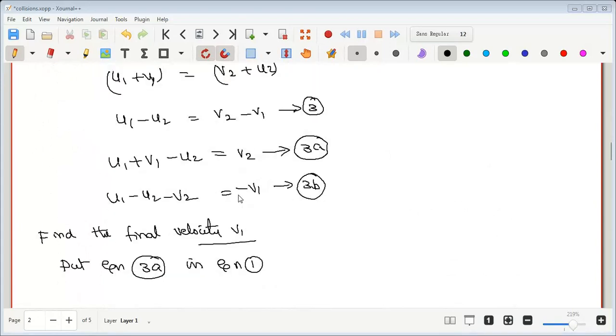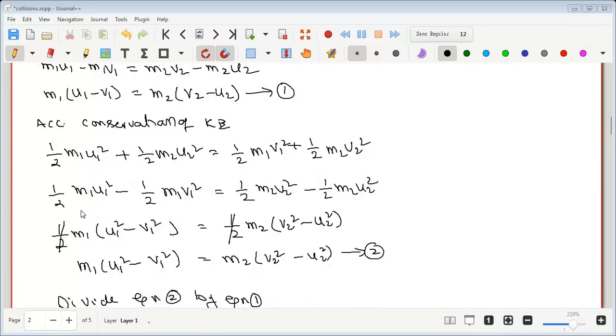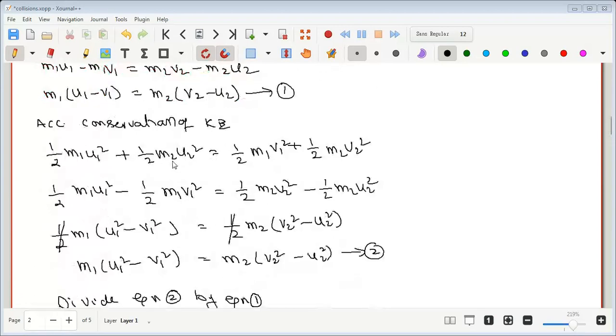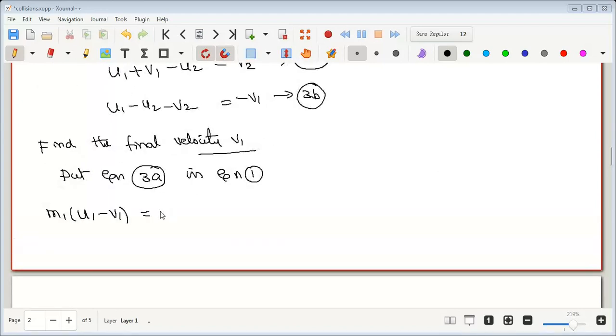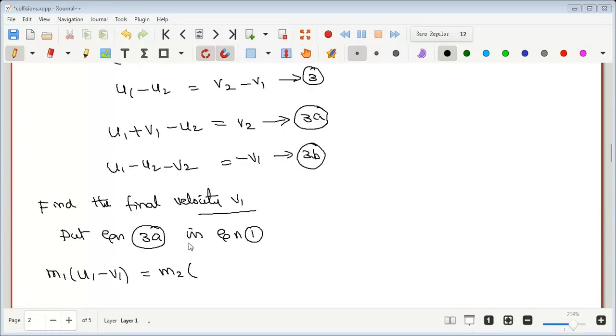So from equation 1, that is m1 into (u1 minus v1) is equal to m2 into v2 minus u2. Here, for v2 we have to write u1 plus v1 minus u2.